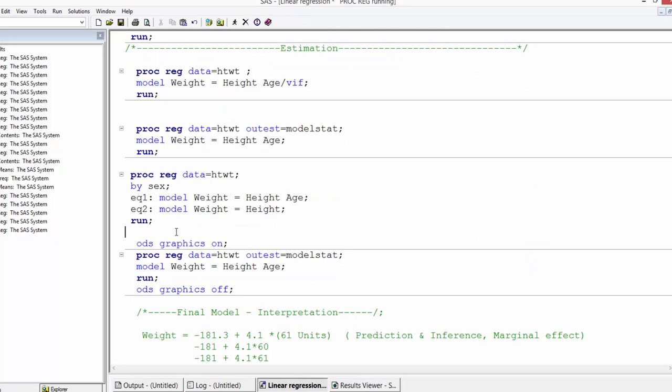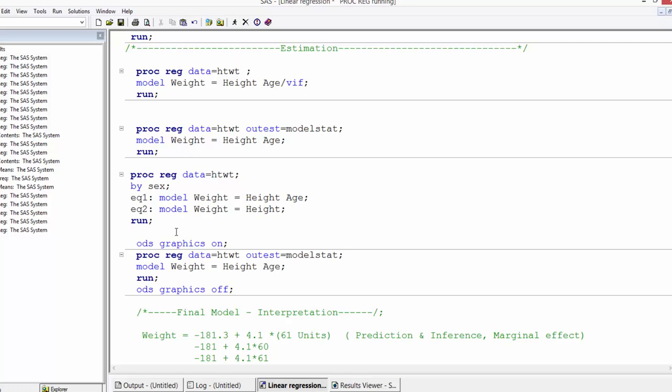Now we'll be using the third independent variable that we saw in the dataset in the beginning, that is sex. We've got two categories, male and female, so we might want to have separate models with respect to gender.